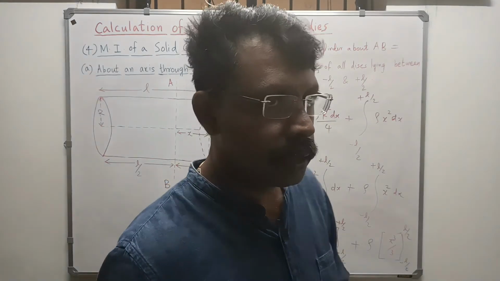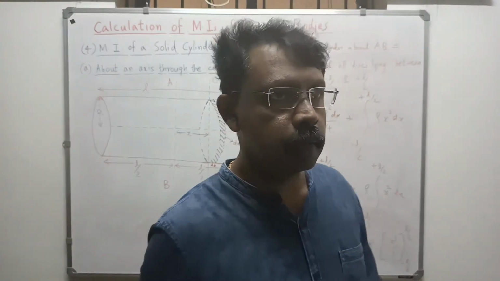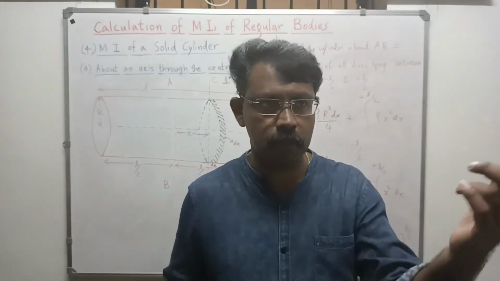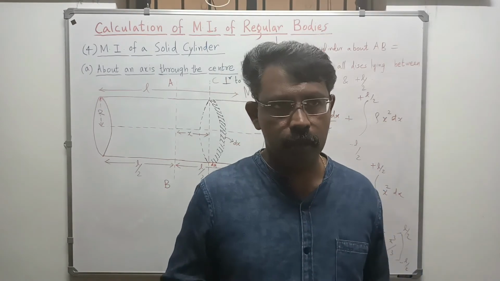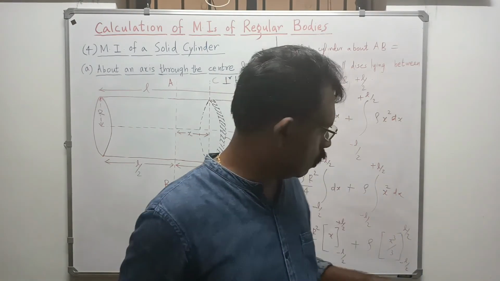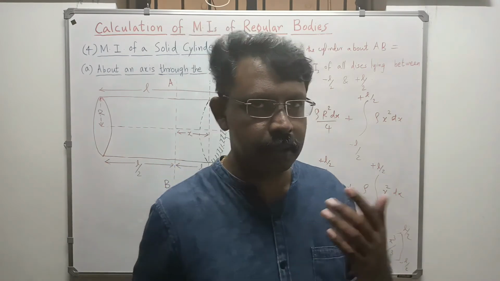And we have to apply one rule here: when you are integrating from minus L by 2 to plus L by 2, it can be written as 2 times the integral from 0 to L by 2. It is one rule in integration, so we will just apply that.